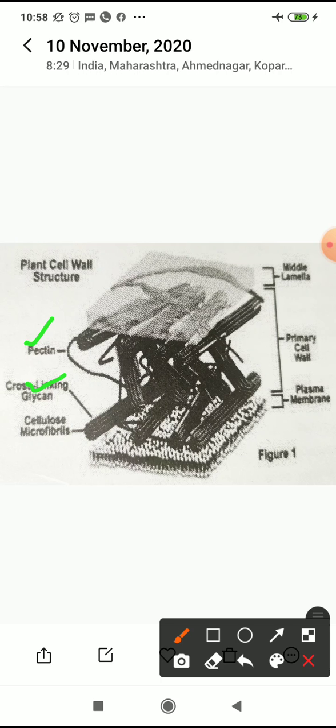Some additional substances, especially lignin, are found in secondary wall. Lignin is a name for group of polymers of aromatic alcohols that are hard and impart considerable strength to the structure of secondary wall.